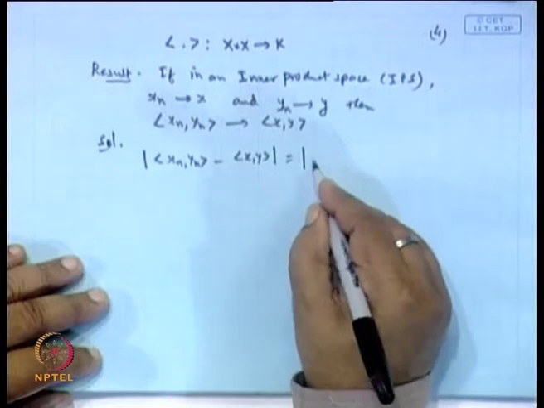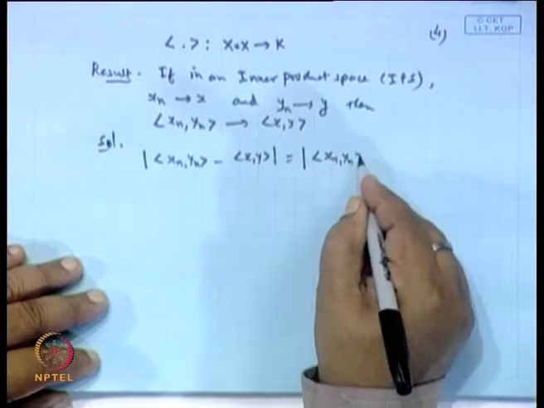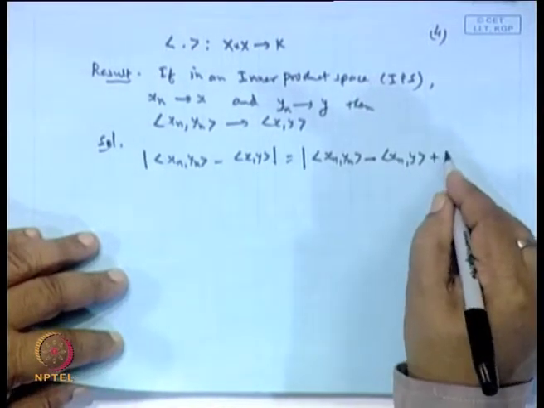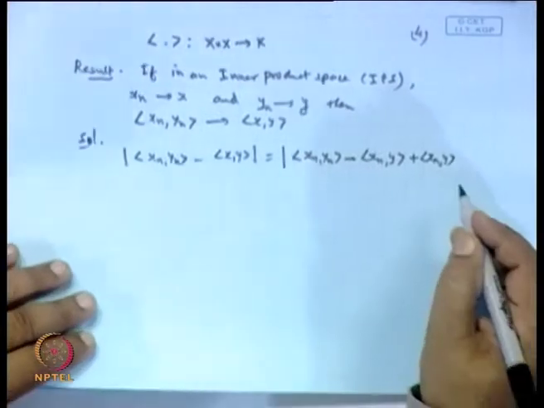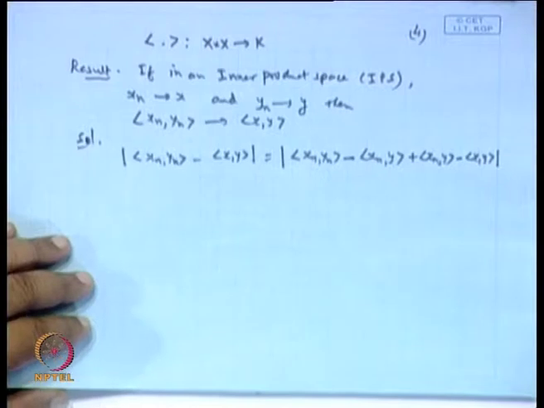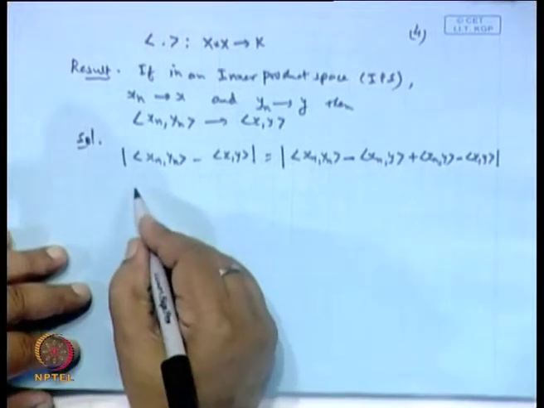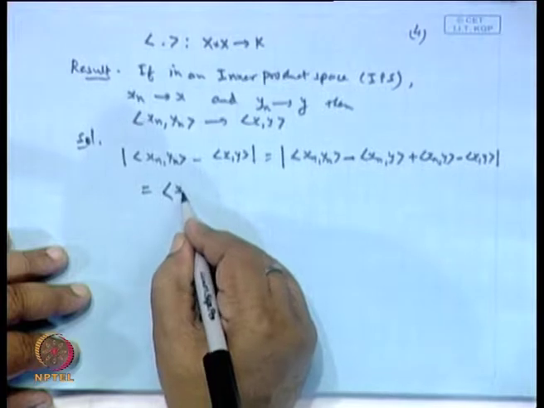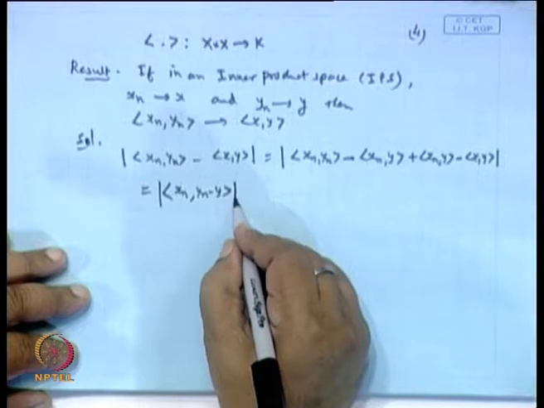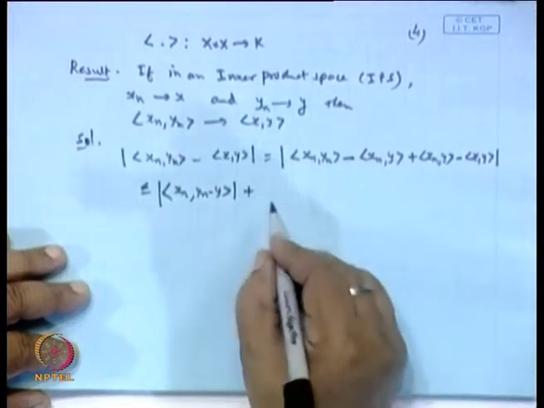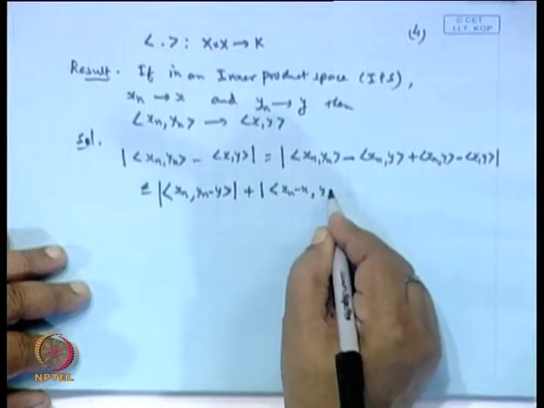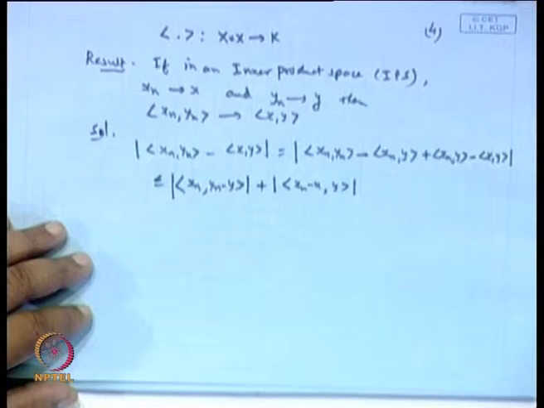Now, this can be written as modulus of inner product x n, y n minus x n, y plus x n, y minus x, y. Is it not clear? And this will be less than or equal to modulus of x n, y n minus y plus modulus of x n minus x, y.